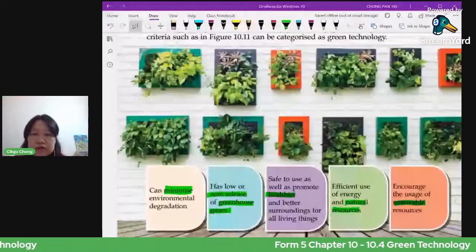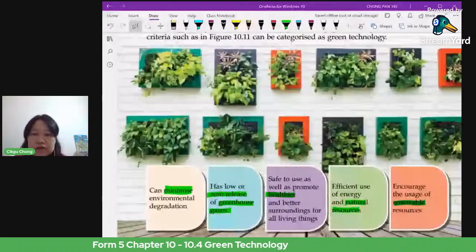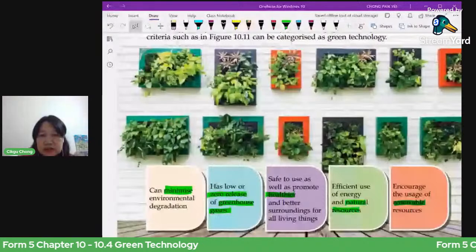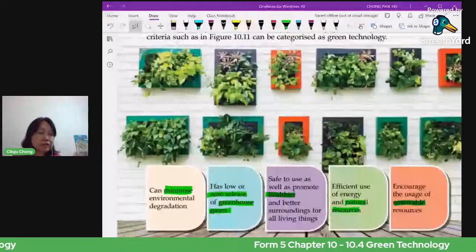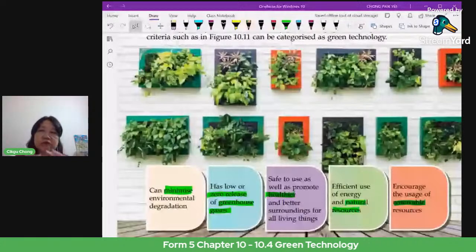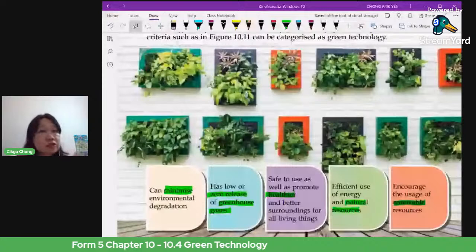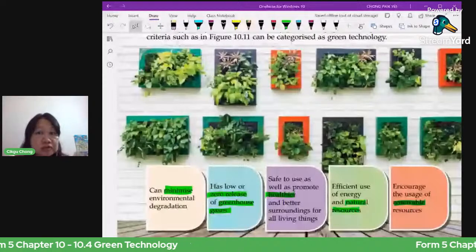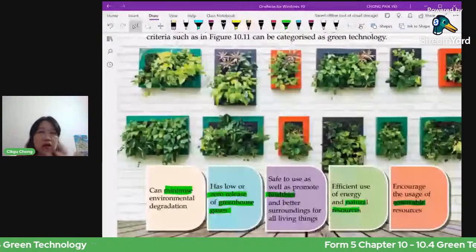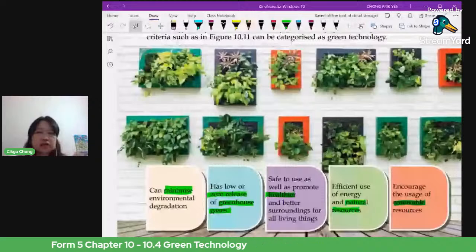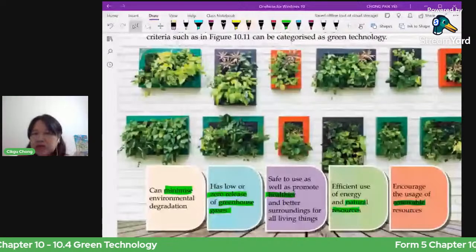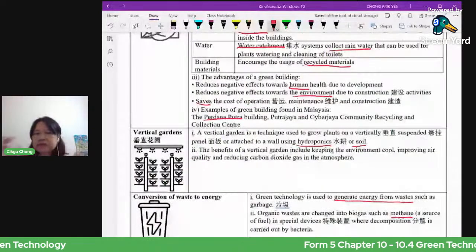It is plants on a vertically suspended pad, attached to the wall, using hydroponics. It can be mixed. Hydroponics means using water. In your chapter 3 on nutrients for plants, you have this recipe called the Knop solution, which includes the necessary nutrients that the plant needs to grow healthy. It's a specially prepared recipe. So you put that in and suspend the roots into it, and then it can grow very healthily.